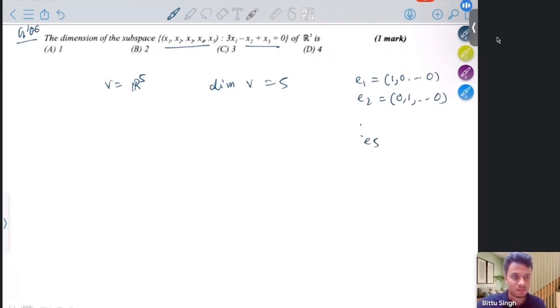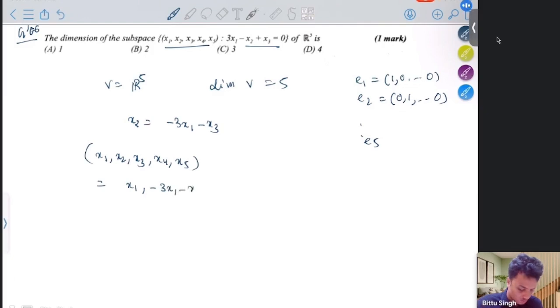But here we can see there is a single relation. Hence we can express x2 as minus 3x1 minus x3. That is, any vector x1, x2, x3, x4, x5 can be written as x1, minus 3x1 minus x3, then x3, x4, x5.